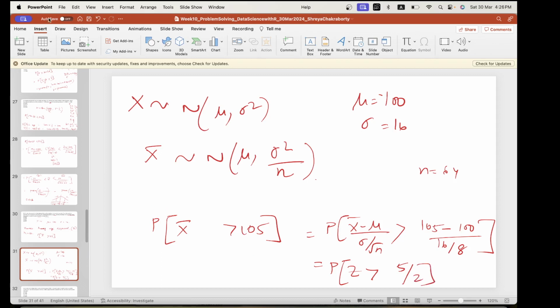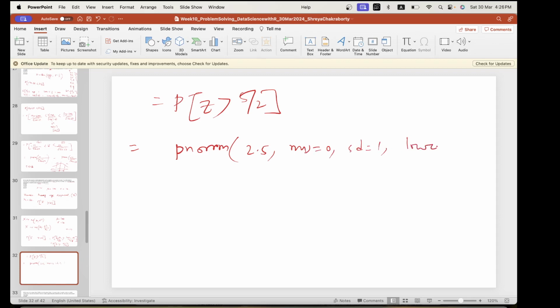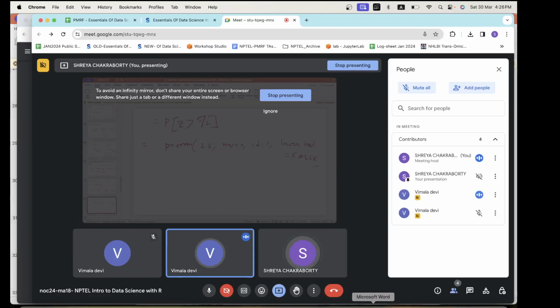So this will be probability z greater than 5 by 2. So this would be p norm 2.5, mu equal to 0, sd equal to 1 and lower dot tail equal to false. If we do this, how much do we get?